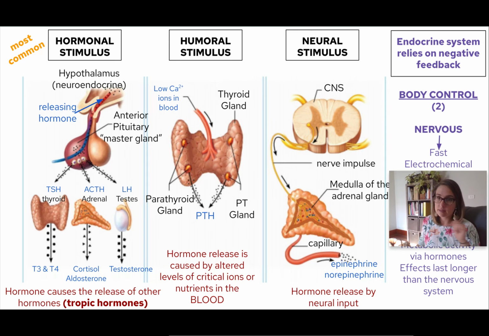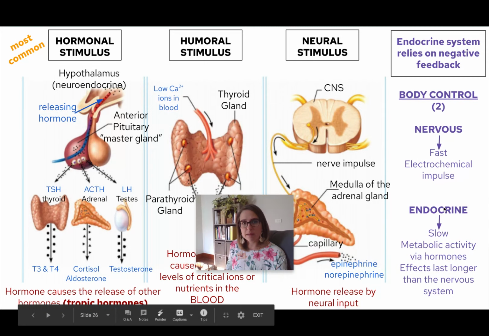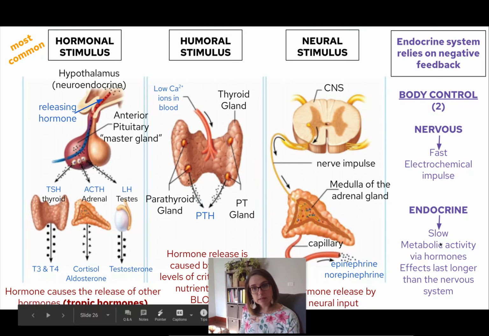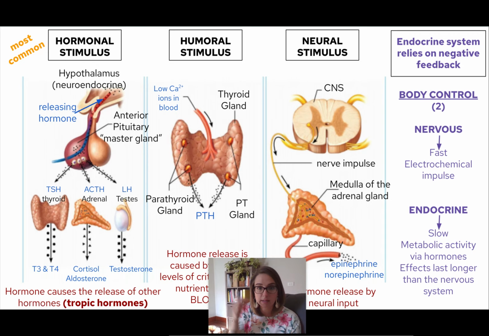I can't remember if it's on today or Monday's homework, but also knowing the difference between our nervous system and endocrine system. Nervous system is very fast. You can have an immediate response, right? Like telling myself to snap my fingers, that is going to be a nervous response.